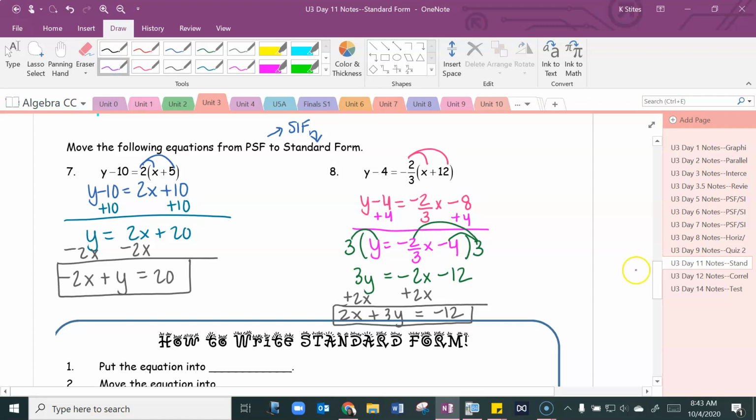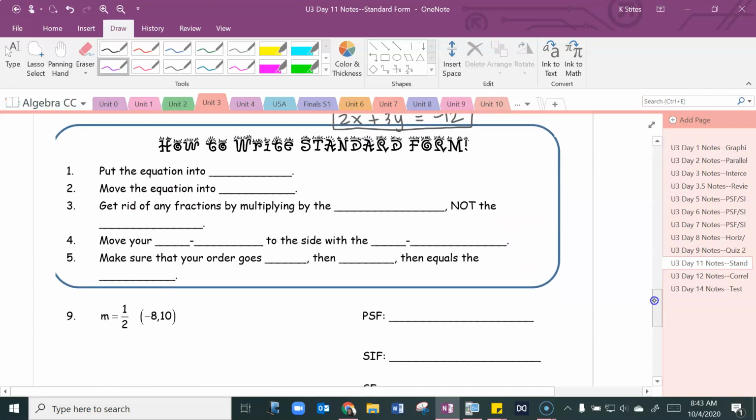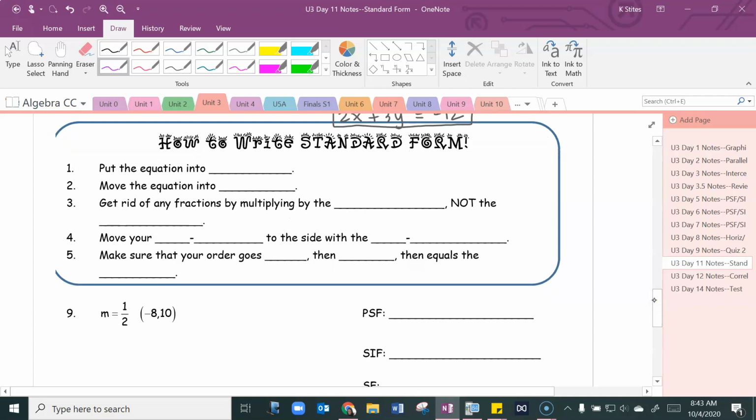All right, so let's review. How would we write an equation in standard form if we were just starting from the beginning with a point and a slope, or perhaps 2 points? First step is to put the equation into point-slope form. Then we'll move that equation to slope-intercept form.